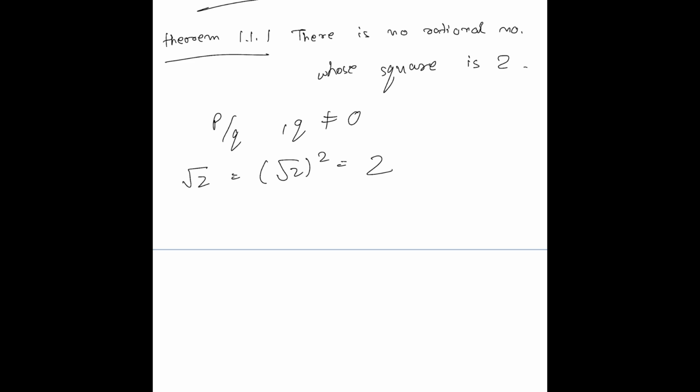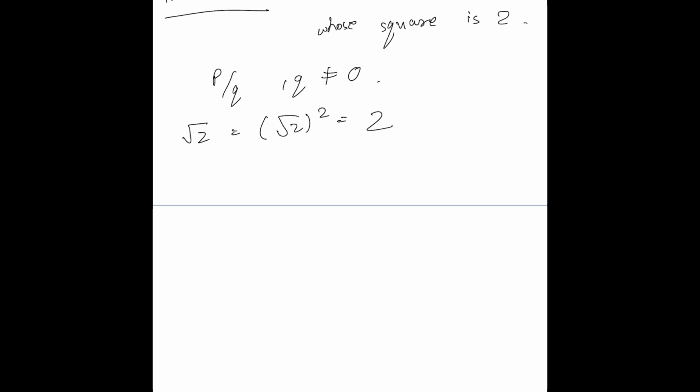So we have to prove that there is no rational number whose square is 2. As we know, a rational number is any number that can be expressed in the form p by q, where p and q are integers. So do we have any option where the square of p by q is 2? No. So we will prove this by proof by contradiction.